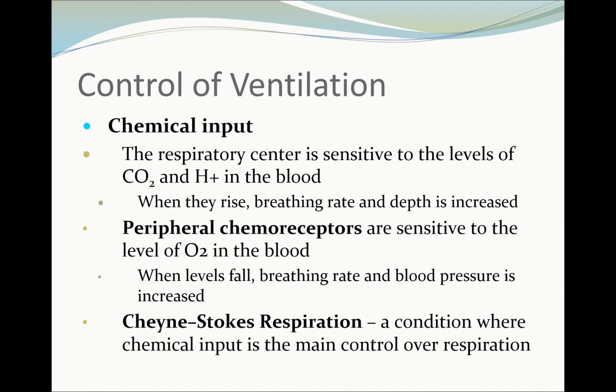We have peripheral chemoreceptors that are sensitive to the level of oxygen in the blood. When oxygen levels fall, the breathing rate and blood pressure are increased because we need to bring in extra oxygen. And then, pardon the pronunciation, but Cheyne-Stokes respiration is a condition where chemical input is the main control over respiration.